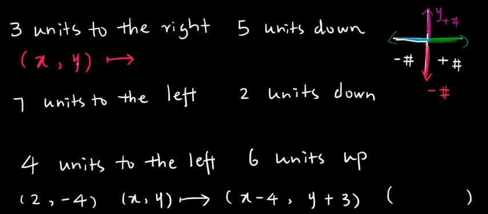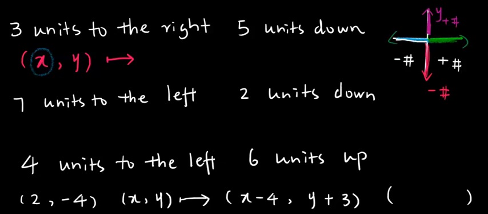Remember, left and right is talking about something happening on the x-coordinate. We're going to add either a positive number or a negative number. Go to the right side. See this green here? You're going to add a positive number.